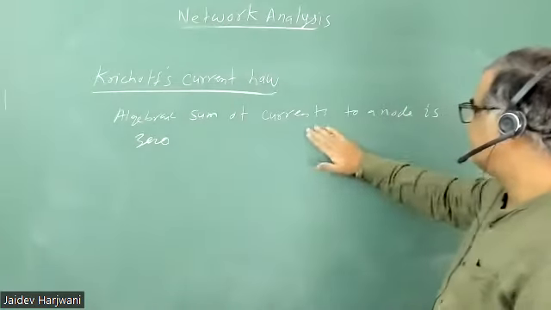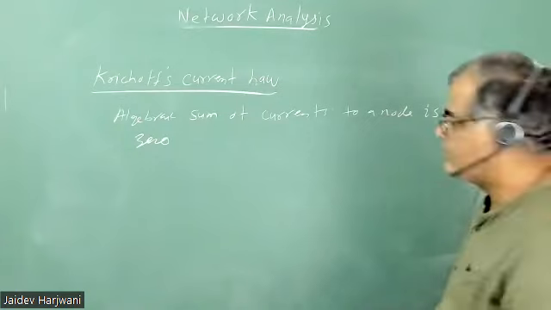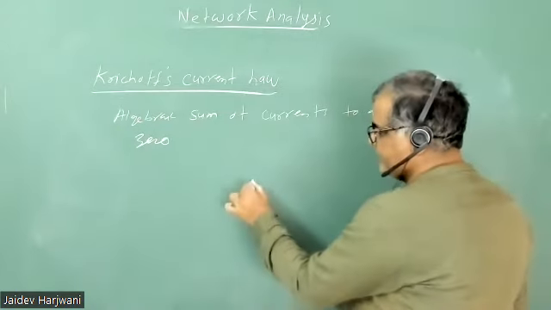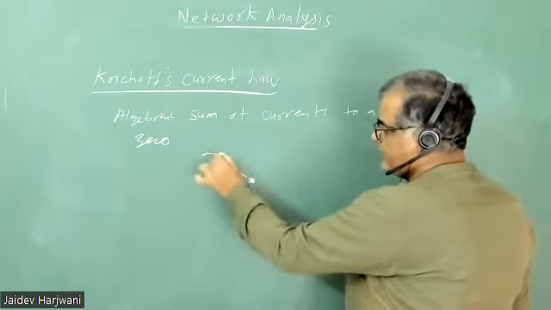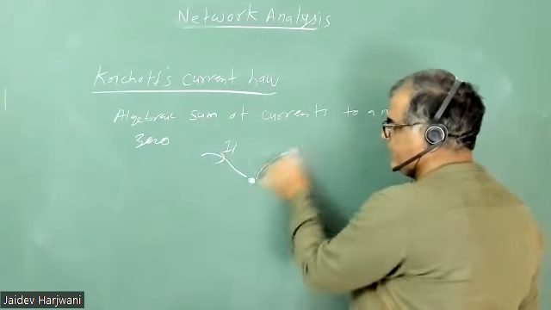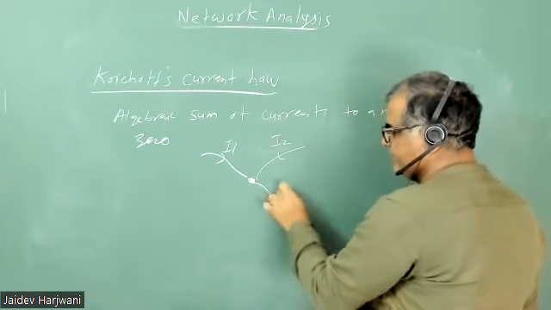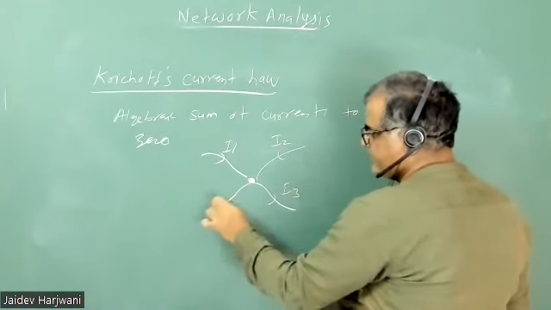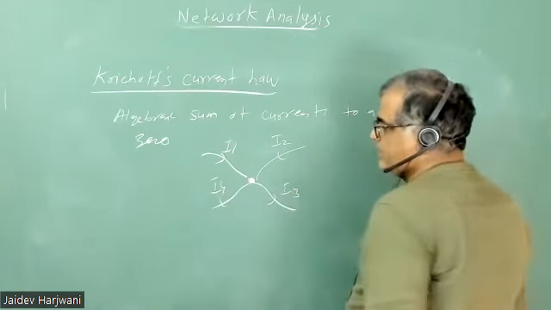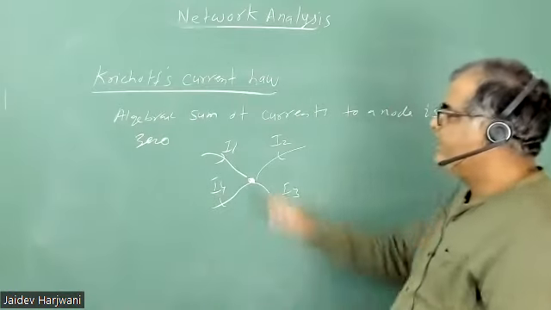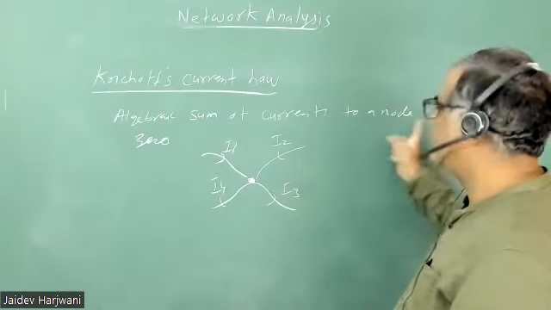So the algebraic sum of currents to a node is 0. Okay. So if I say this is my node and current is coming here, I1, okay, and I2, and the current leaving is I3, okay, the current leaving is I4, okay. So this law says the algebraic sum of currents to a node is 0.